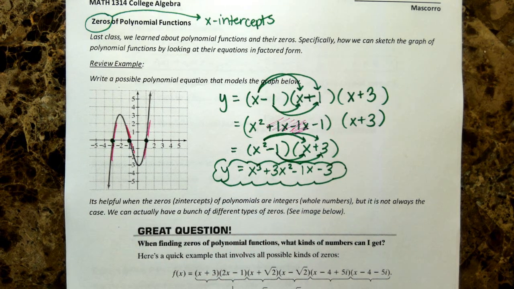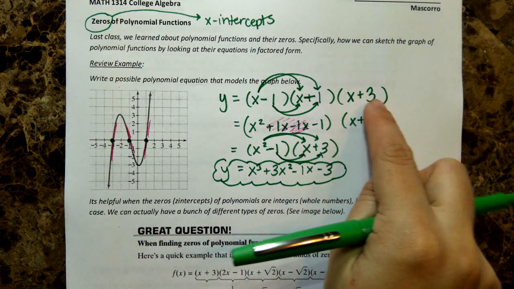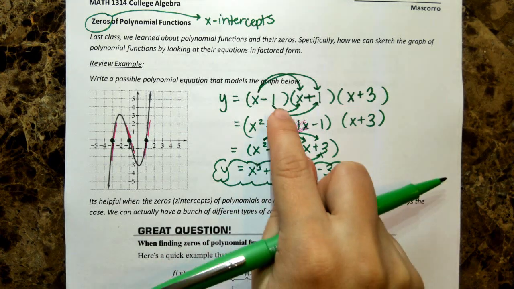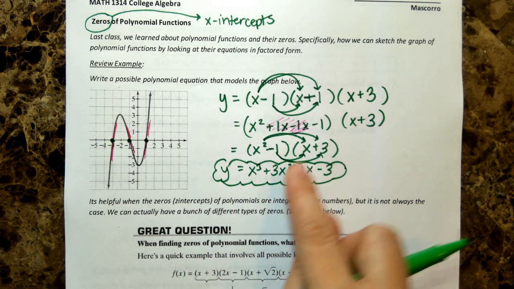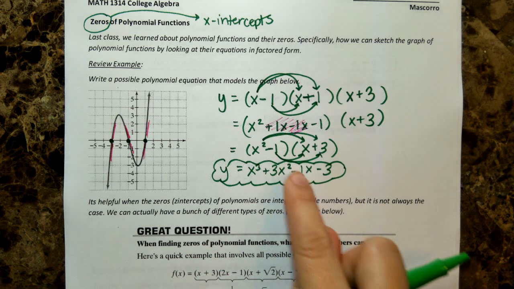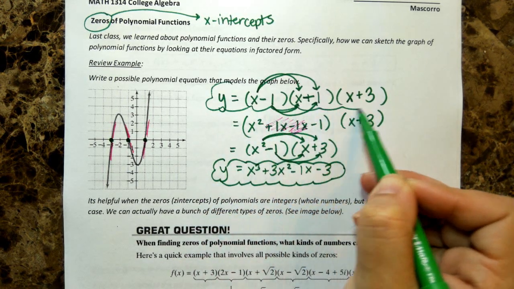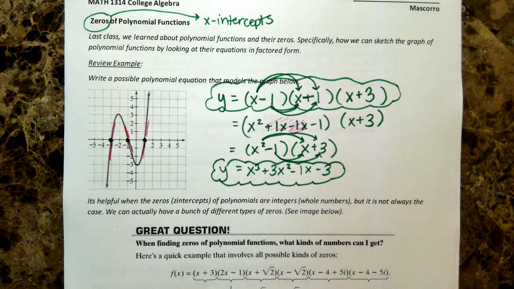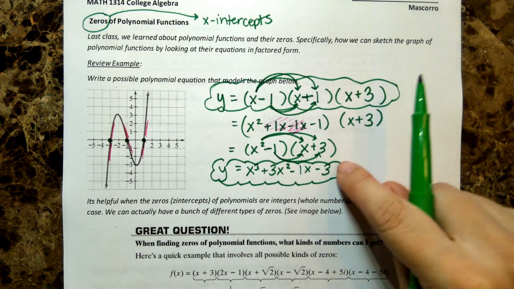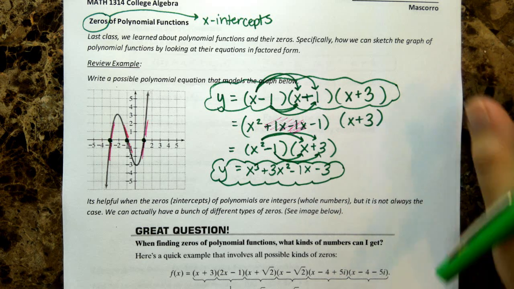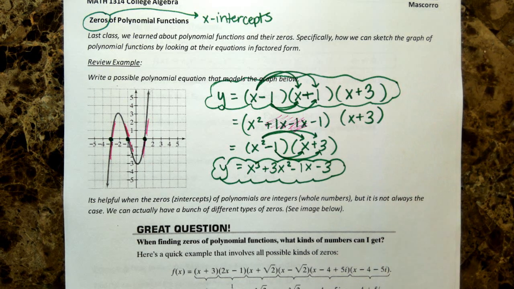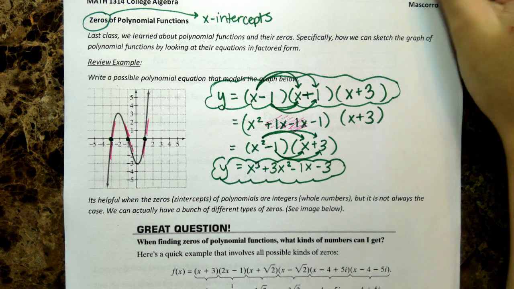And there's our equation. It's not wrong if you leave it in factored form, but just know that this equation is also correct. These are the same equation. I just multiplied everything out and simplified it. So this first equation would have been fine as well. Just want you to know it can be written in factored form or in FOILed out form, either way. So that's what we did last chapter.